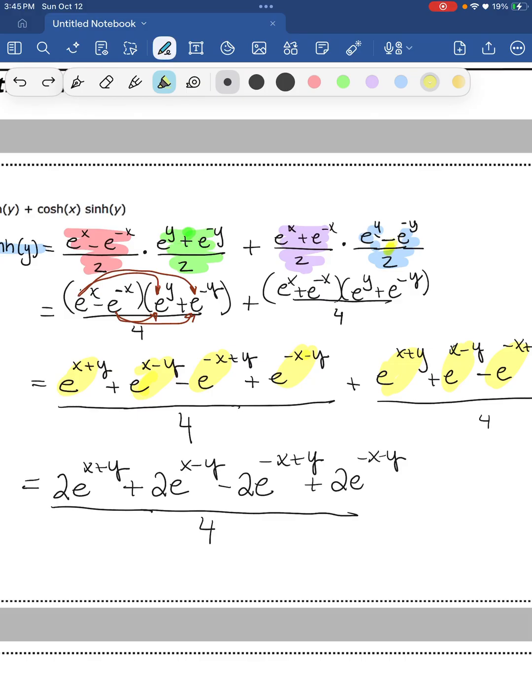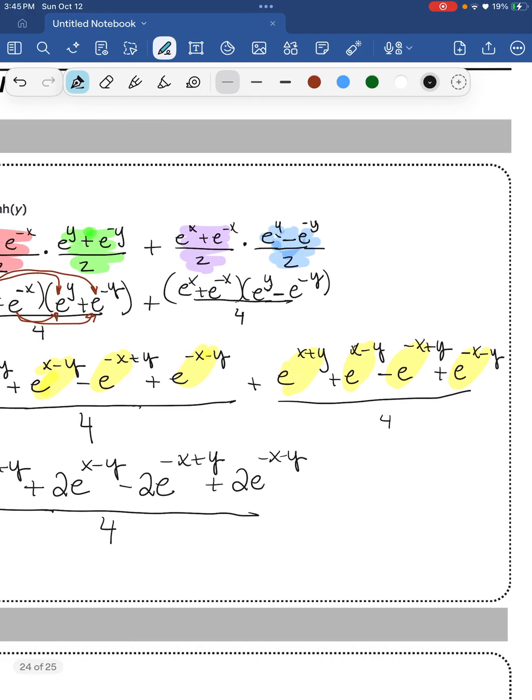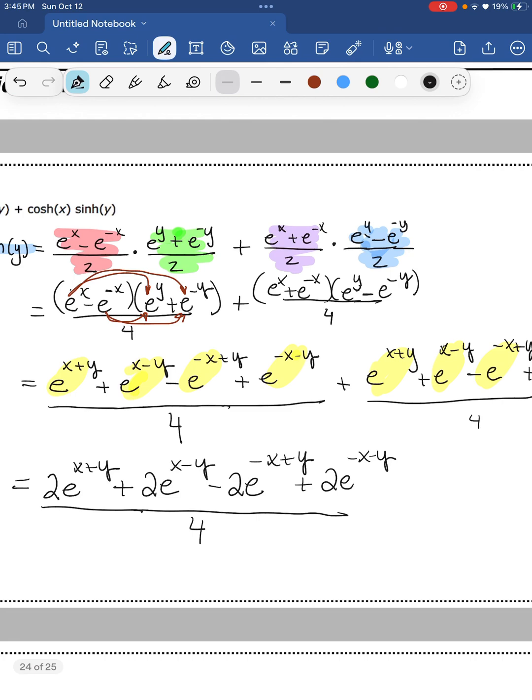And so what we actually end up with is 2e to the x plus y minus 2e to the negative x all over 4. And then the 2's would cancel out. I'm going to have to redo this one over.